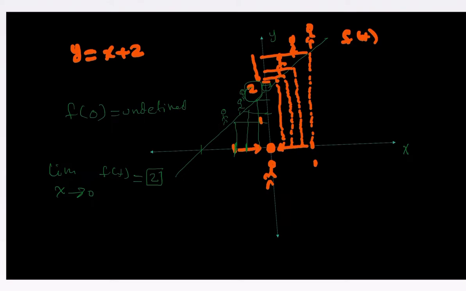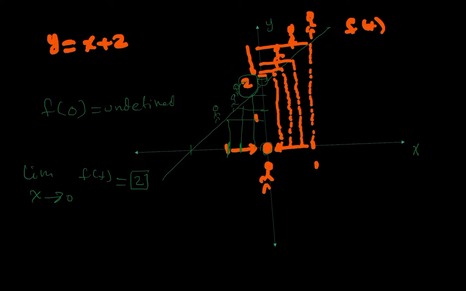I just want to emphasize the fact that the limit depends only on the behavior of f of x near x equal a, near 0. You see that our f of x behaved extremely well. It got closer and closer to the same value. If they go in different directions, then forget about it.